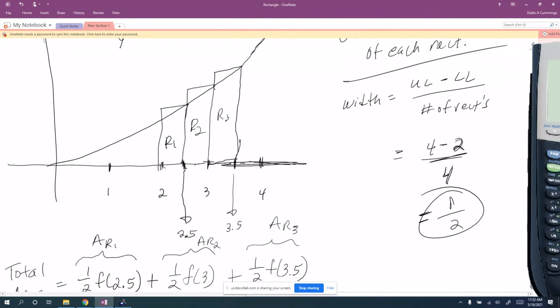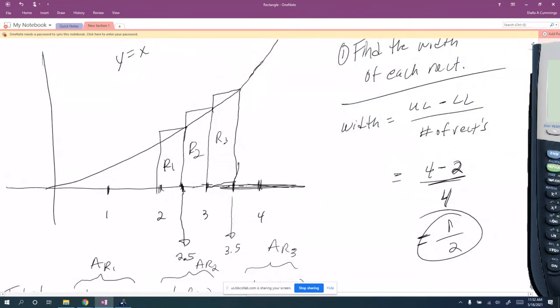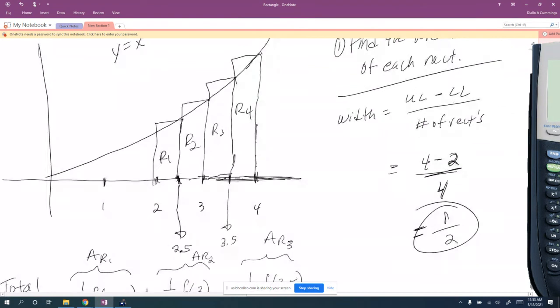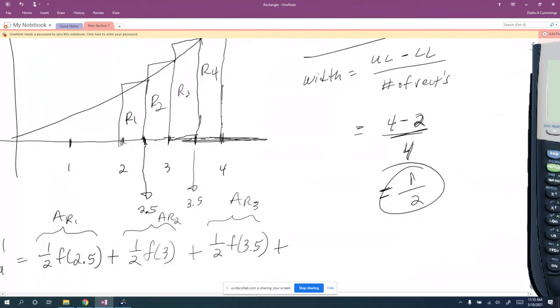Our fourth subdivision, or our fourth rectangle, is on the interval from 3.5 to 4. So our height is at the rightmost. So the area of rectangle 4, that's 1/2 times f of 4.